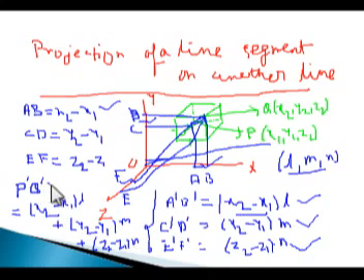So in this way, any line segment's projection on another straight line with certain direction cosines can be evaluated.